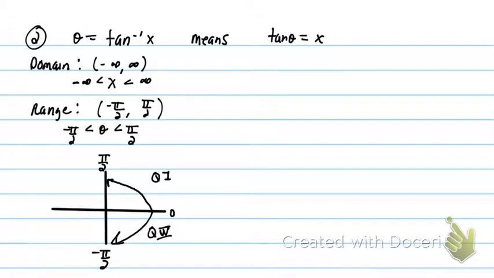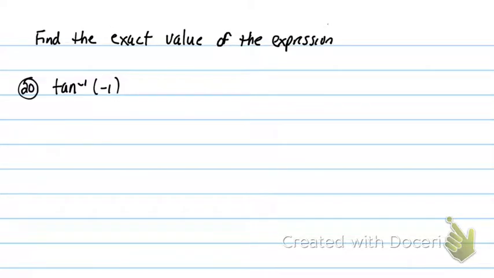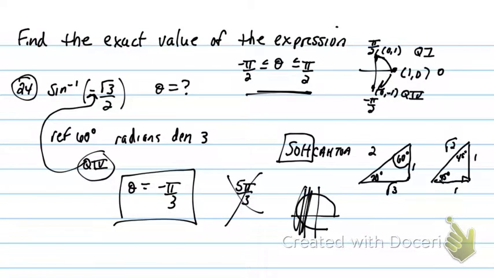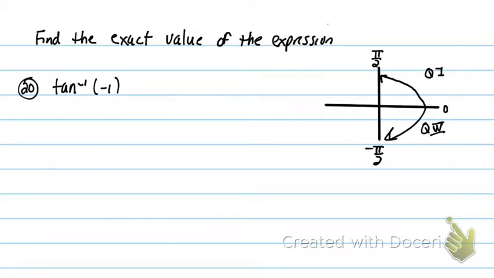We have the inverse tangent of -1. I'm going to go ahead and bring over my 2 triangles because I know I'm going to need them. Or if you know your points on the unit circle, that is completely fine.